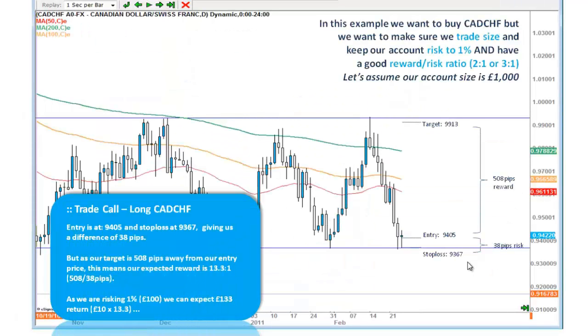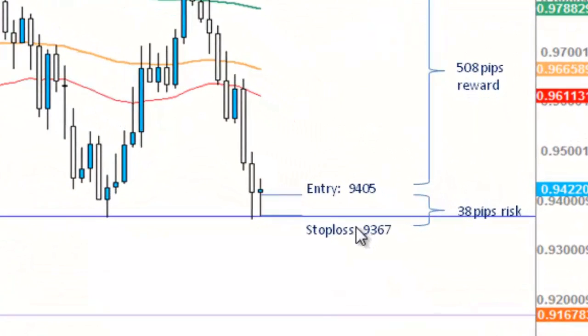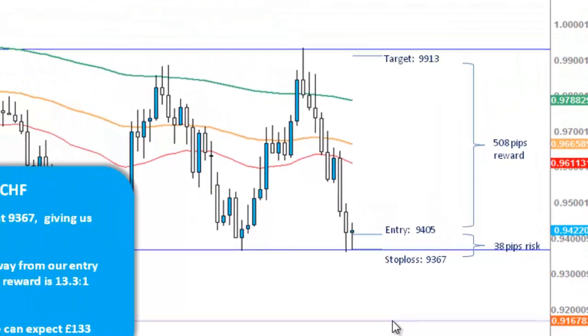So here again, we've got CAD Swiss, and we've got a very decent, well-established channel here. Our entry, as you can see, is at 94.05, and our stop loss is at 93.67, giving us a difference of 38 pips between our entry and our stop loss. And our projected target is, funnily enough, at the top of the range here at 99.13.